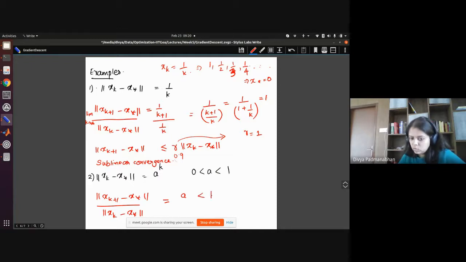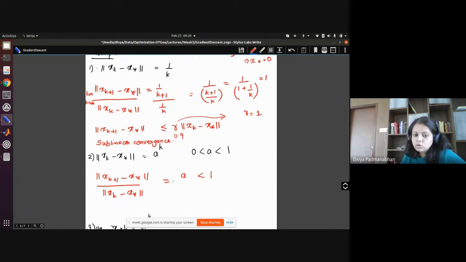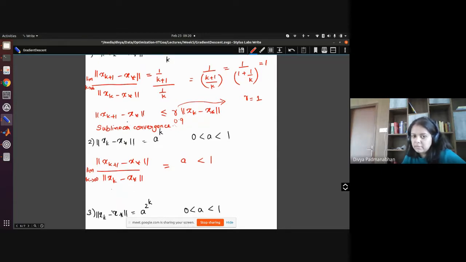And this is less than 1. This is true always, and it's also true in the limit as k tends to infinity. So here we have ||x_{k+1} - x*|| is less than a times ||x_k - x*||.